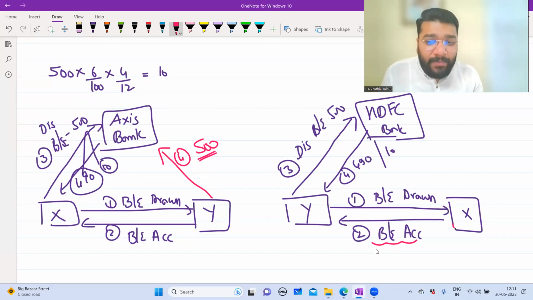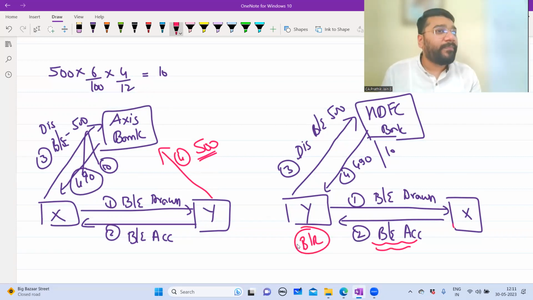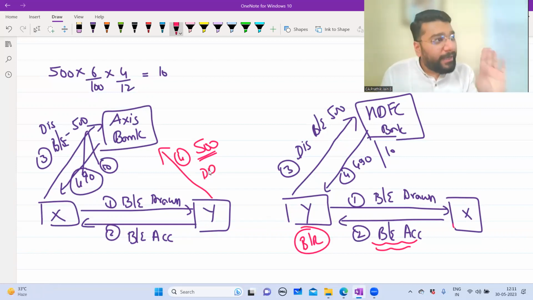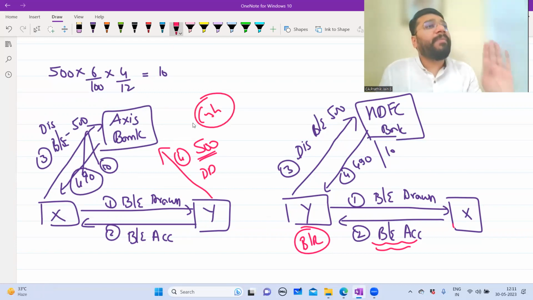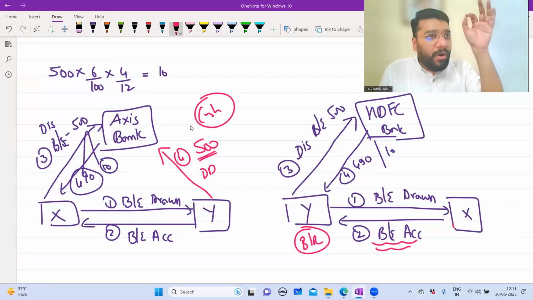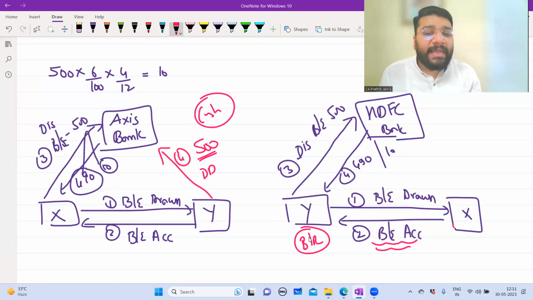When X is giving a bill of exchange, for Y it is what? Bill receivable, no? On the due date, Y has to have 500 rupees. Am I right or wrong? On the due date, 500 rupees can come in the form of cash or bank. Instead of that, on the same date of issuing or accepting the bill, Y is getting bills receivable instead of cash.